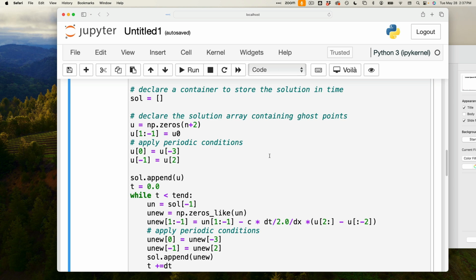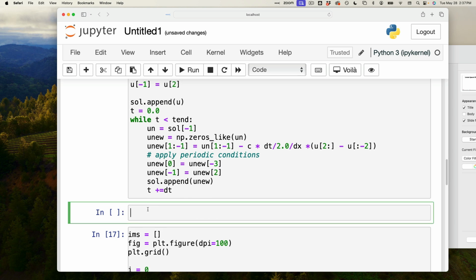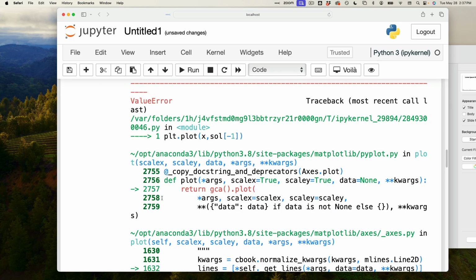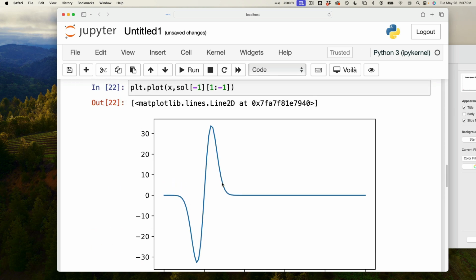This u_n is only going to contain n plus 2 points, right? So this will have thousands. So you can plot sol minus 1. If you don't have the animation figured out, that's okay. Just plot sol minus 1 here, just to see what the solution looks like. plt.plot x and sol minus 1. It's going to give an error because it's of size n plus 2, so we're going to go to 1 minus 1, right?